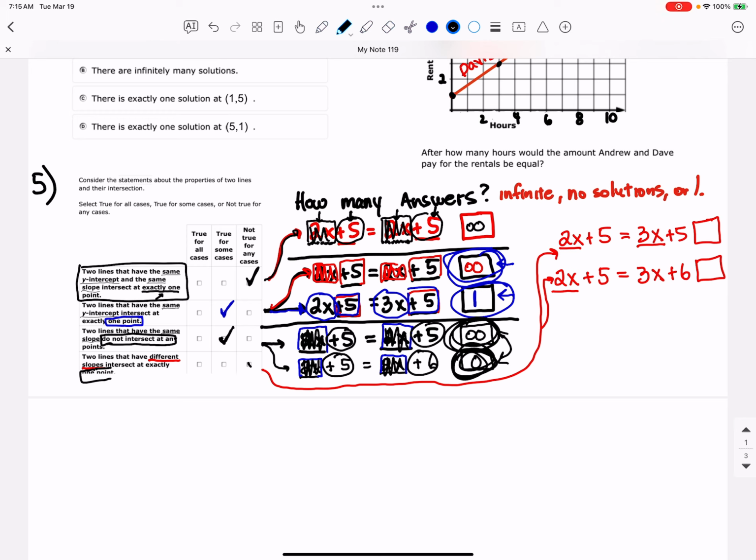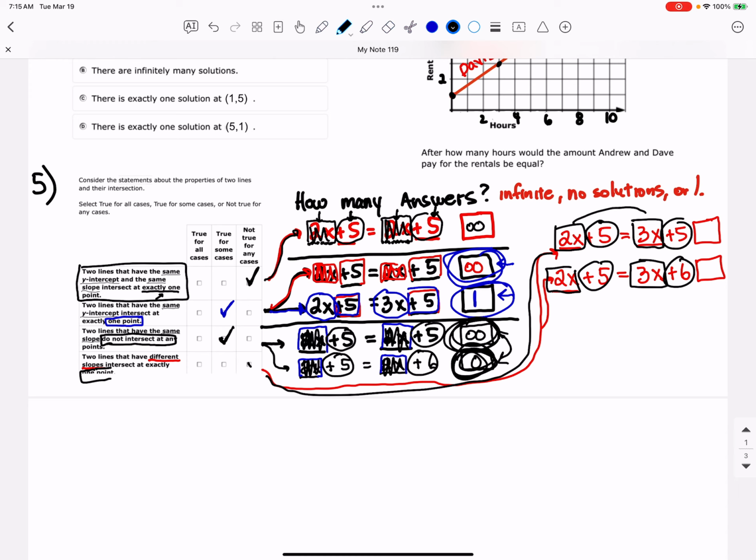All right, and finally, the last one. What if they have different slopes? Let's follow this line over here to do these 2. What if you have different slopes, like 2x and 3x, and over here you have 2x and 3x, then we might have the same back number, like 5 and 5, or we might have a different back number, 5 and 6, because all they said is what happens if your first number is the same or different.